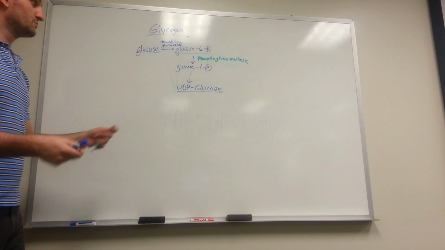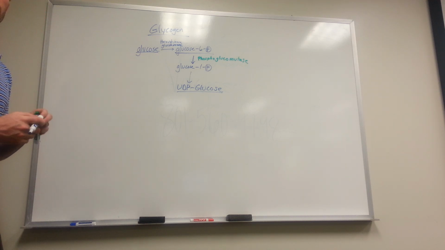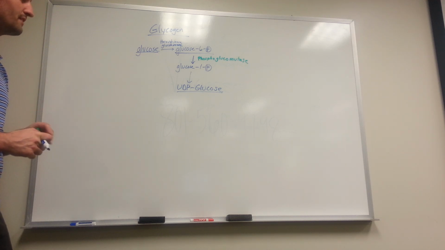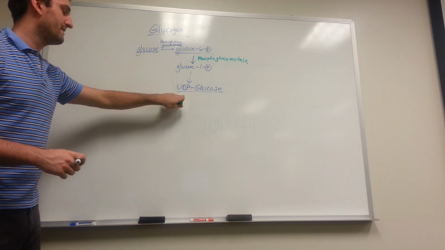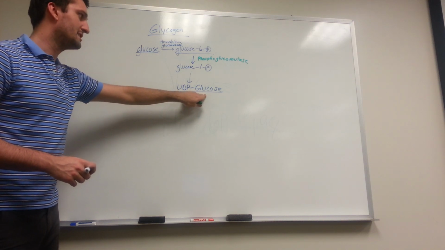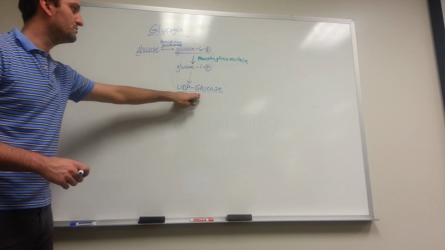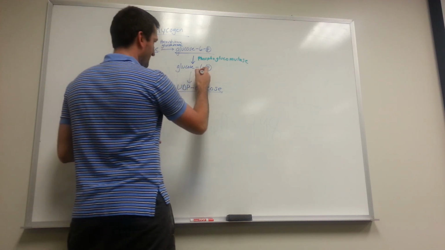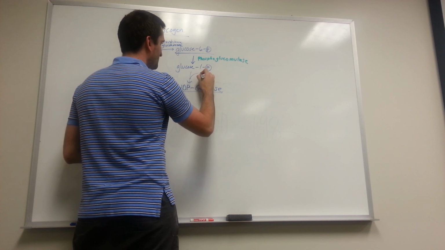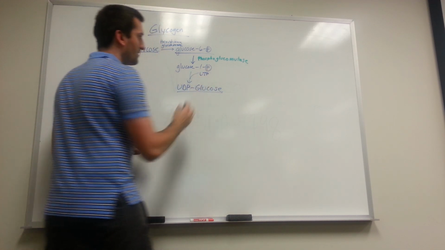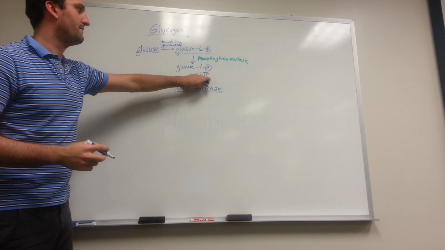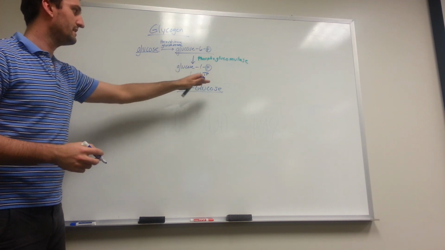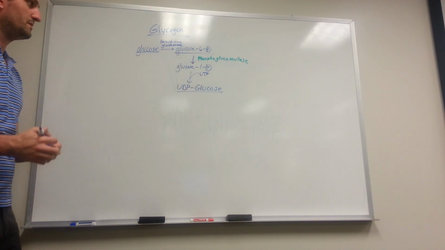We'll be simply attaching part of the UTP, the triphosphate molecule, to a glucose to form a UDP glucose. So we're going to need some UTP thrown in there. And we're going to use that extra phosphate bond that gets cleaved off, giving us a UDP glucose.